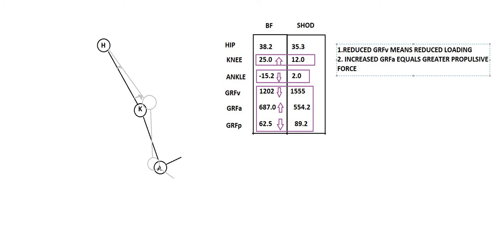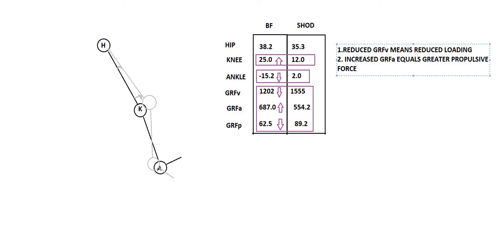Propulsive force, and there are various studies out there that look at the influence of the anterior and posterior ground reaction force on the acceleration and deceleration of a body in motion, and the importance of increasing the anterior and reducing the posterior.